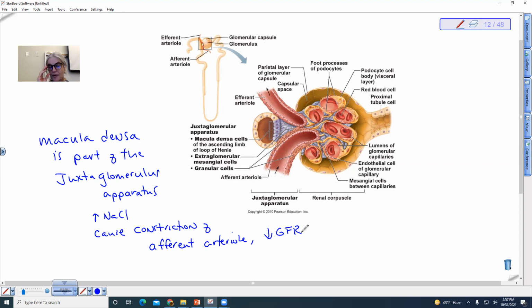Those are the two intrinsic mechanisms for how glomerular filtration rate is influenced. When we talk about extrinsic, we can talk about blood pressure in general, and how the sympathetic nervous system influences the diameter of the blood vessels, and how that could also affect the functioning of the kidney. So we'll talk about the extrinsic mechanism next.